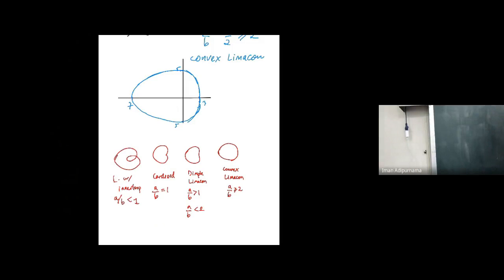Okay, any questions? If I give you the polar equations, I hope you can convert the polar roughly into the drawing. It doesn't need to be really smooth or good.